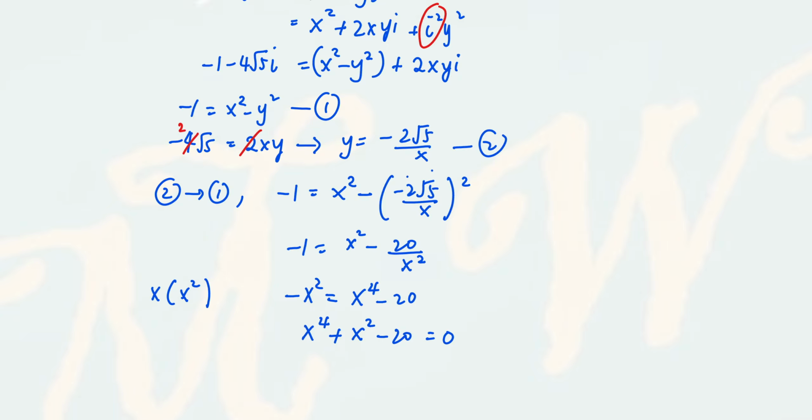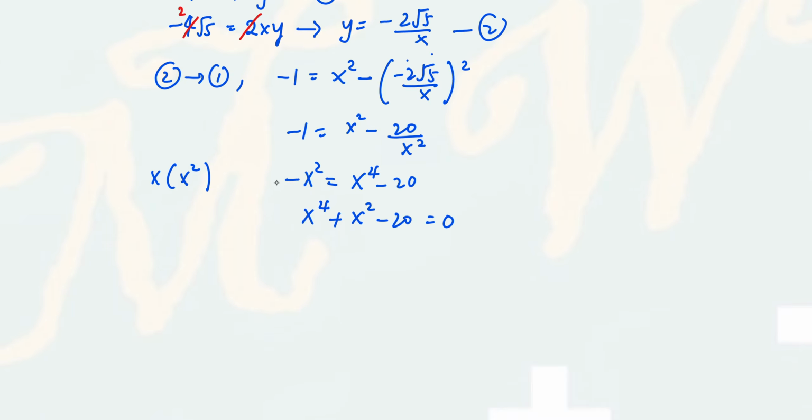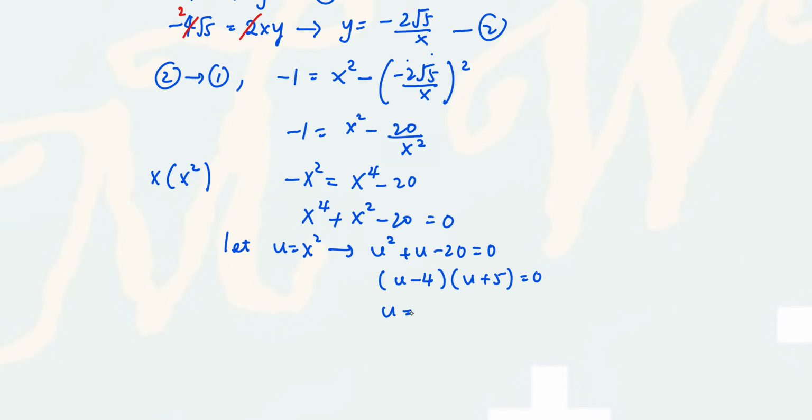Now, to solve this, you can just write let u equal x squared. Therefore, I change to a quadratic equation. Now I factorize this quadratic equation as u minus 4 times u plus 5. So u equals 4 or u equals -5. But don't forget we are solving for x and y.